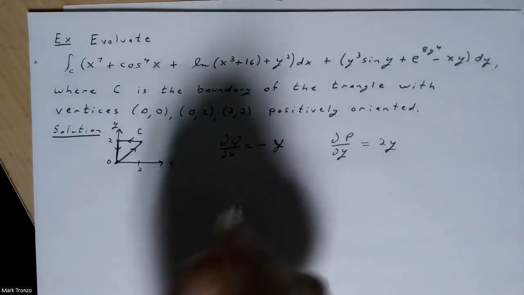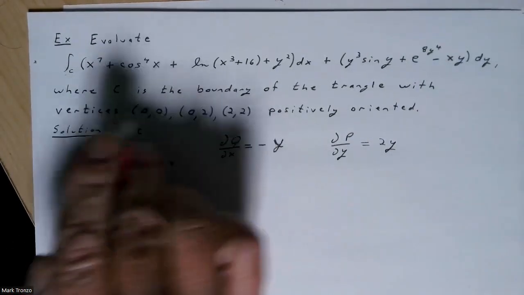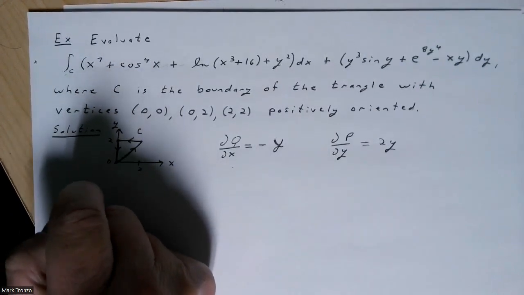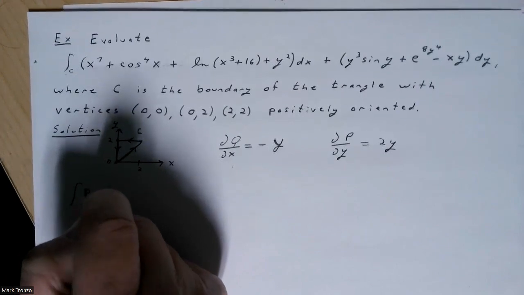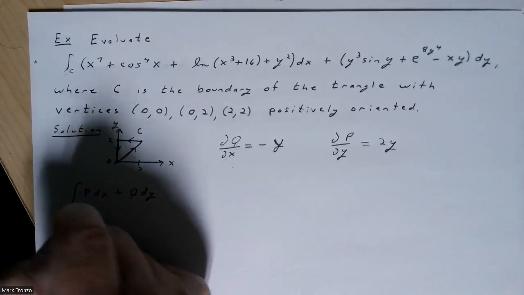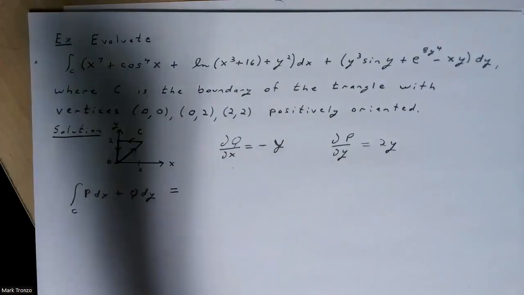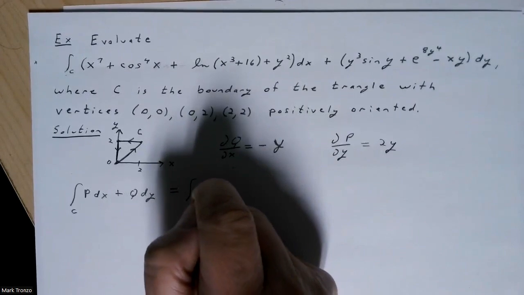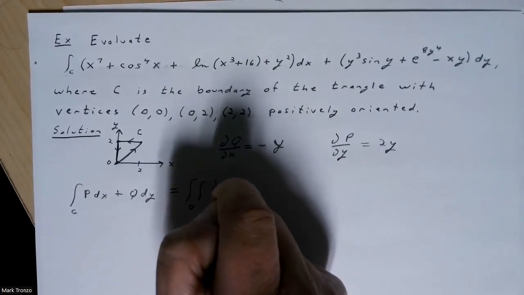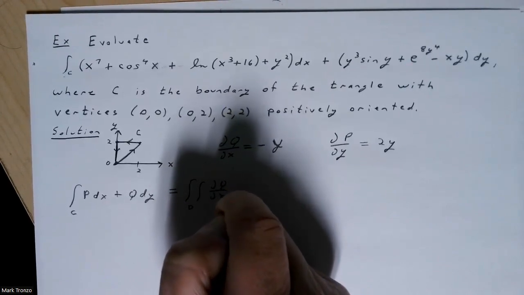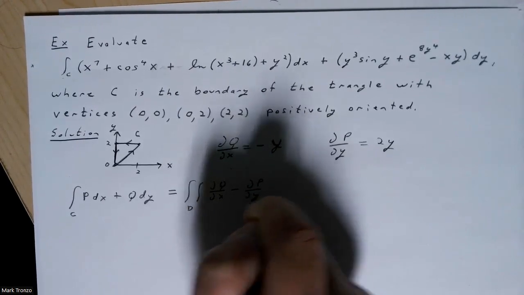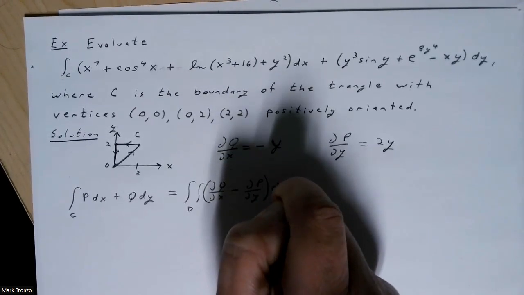So now our Green's theorem says, and I won't rewrite this big equation up here, but I'll just write the symbols. It says the integral of P dx plus Q dy over curve C is going to be equal to the double integral of dQ/dx minus dP/dy dA.